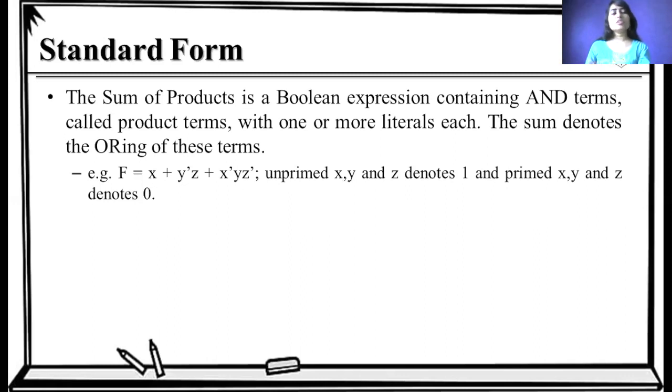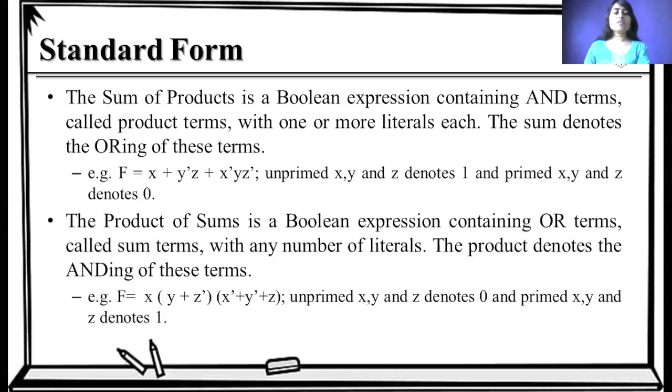So using this formula, we can represent a function in sum of product format. Here the unprimed value of x, y, z denotes 1 and the primed x, y, z denotes the value 0, which is similar to the minterm concept.